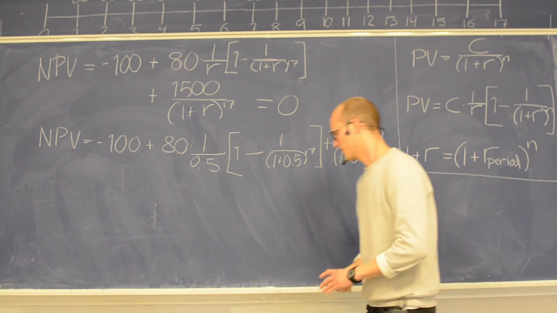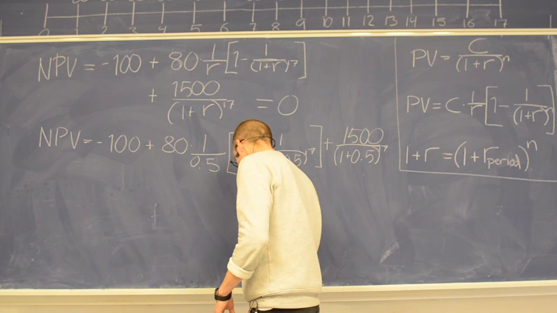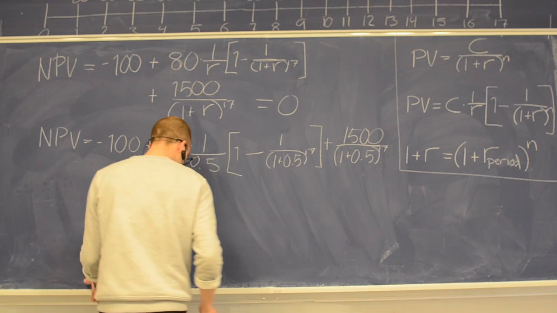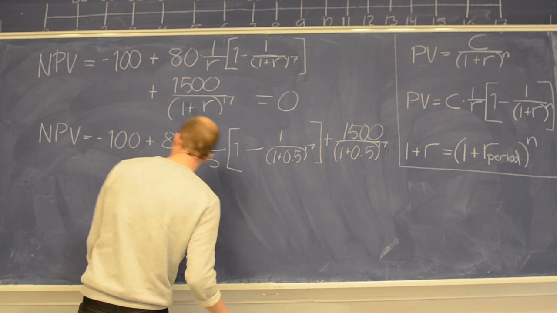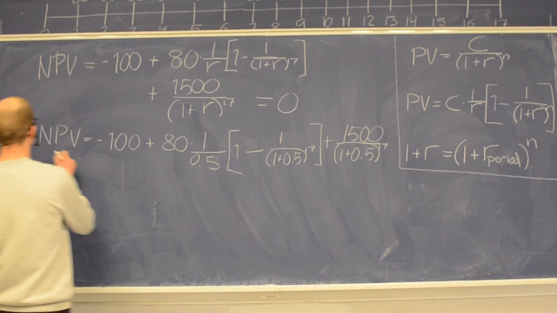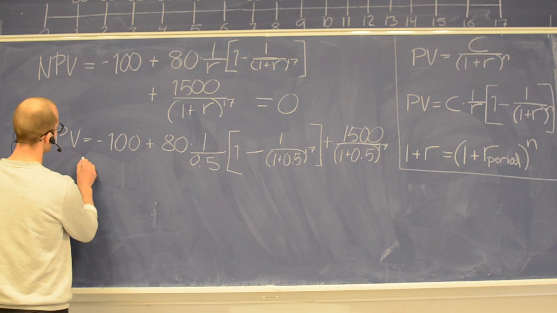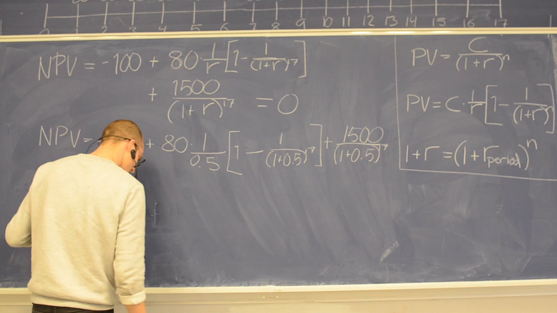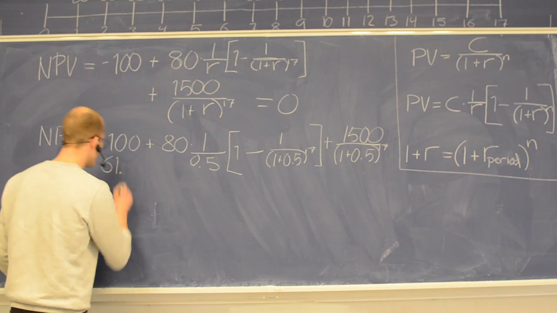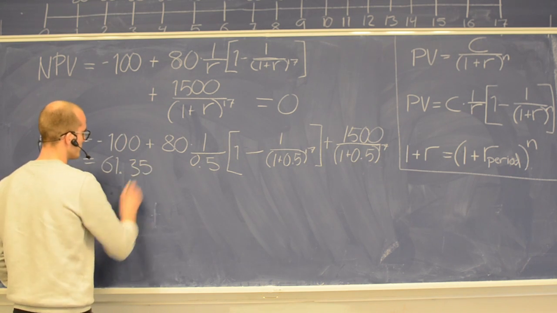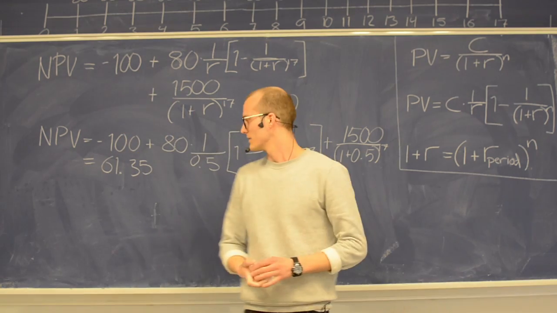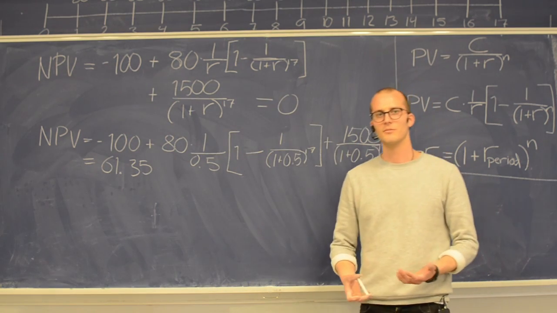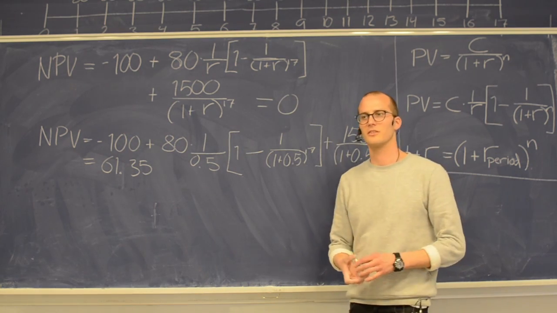If we type this into the calculator, we get that the net present value is approximately 61.35. Obviously 61.35 is not 0, so we have to continue to guess.